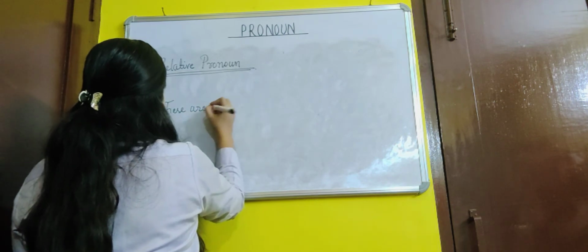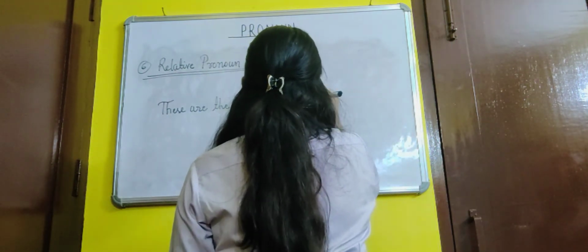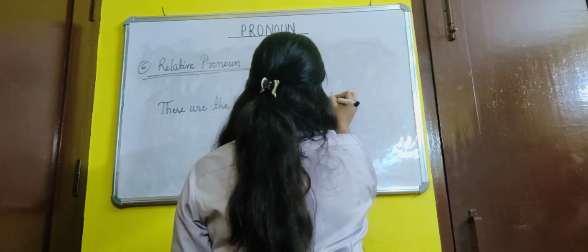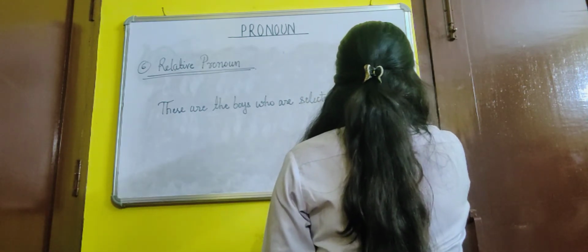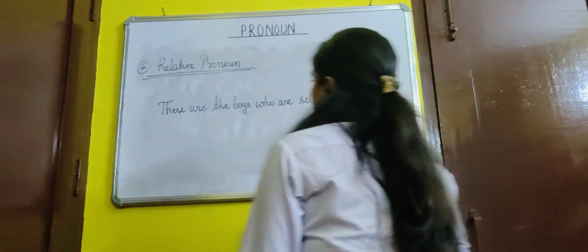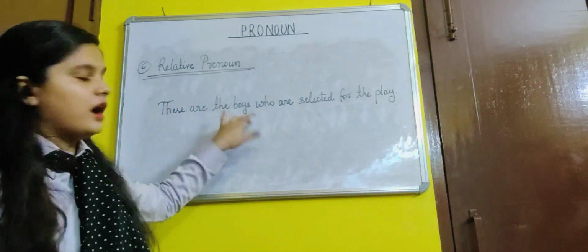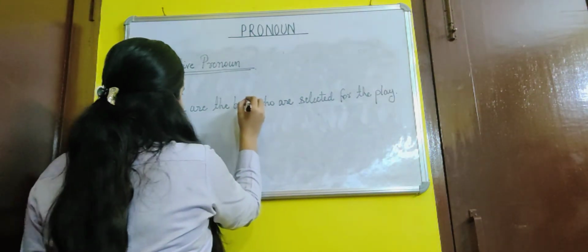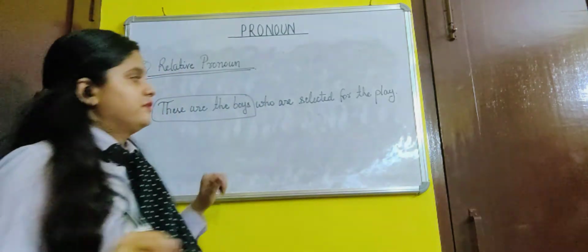These are the boys who are selected for the play. Okay, now read this sentence carefully. These are the boys. Means we are talking about the boys. These are the boys who are selected for the play.